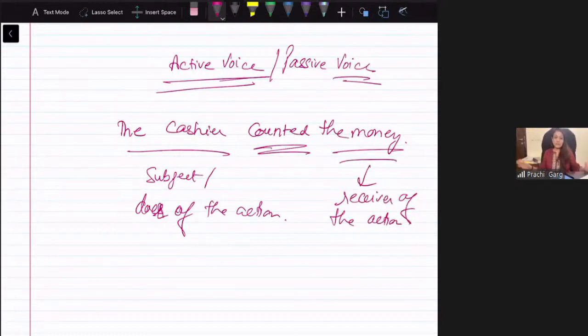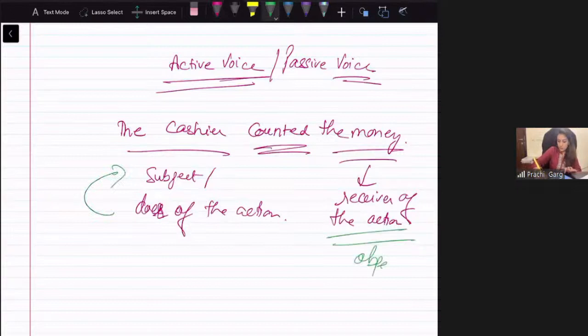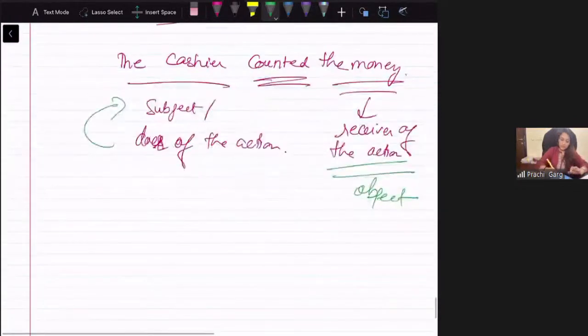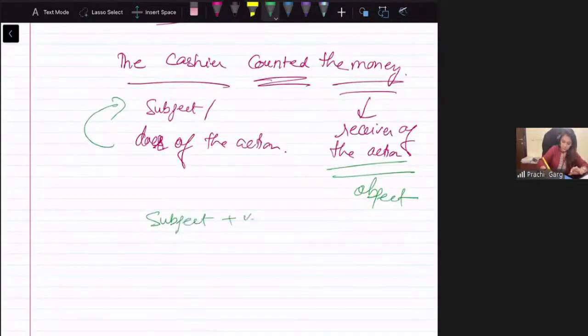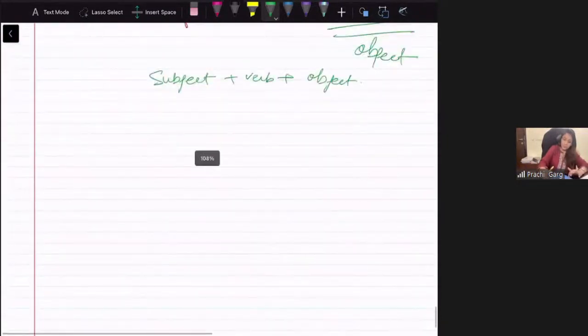This is plain and simple. The doer of the action is the subject here, and the receiver of the action is the object. And the sentence structure of active voice is simple, just like a simple sentence, which is subject plus verb plus object. Now let's come to the passive voice.